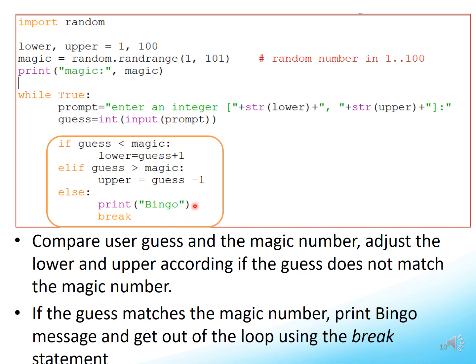If the user gets the magic number correctly, the system will print bingo and execute the break. This break is a statement telling the system to get out of the loop.